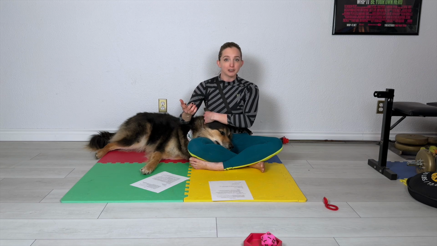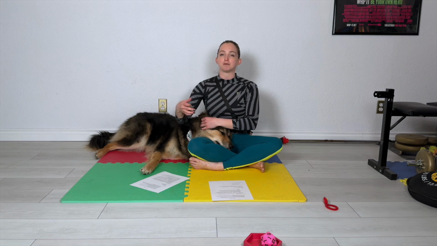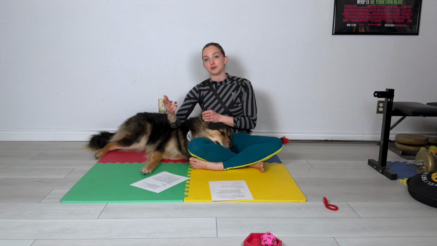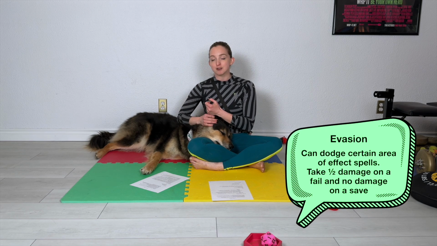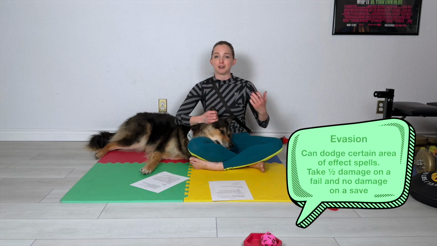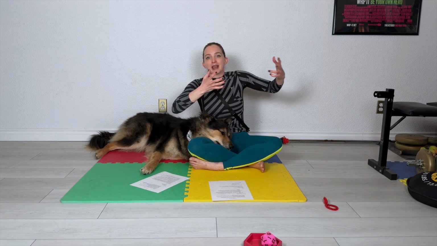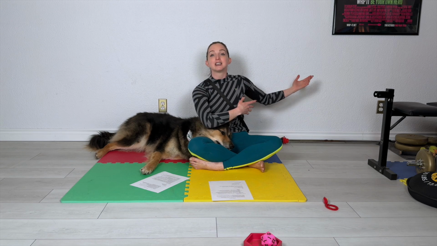This is a cool ability because on a lot of spells, if you succeed on the save you take half damage, and if you fail, you take full damage. But with evasion, if you fail, you only take half damage, and if you succeed, you take no damage at all, which is pretty cool. So you're fully getting out of the way of that force coming towards you and allowing it to continue on its way.